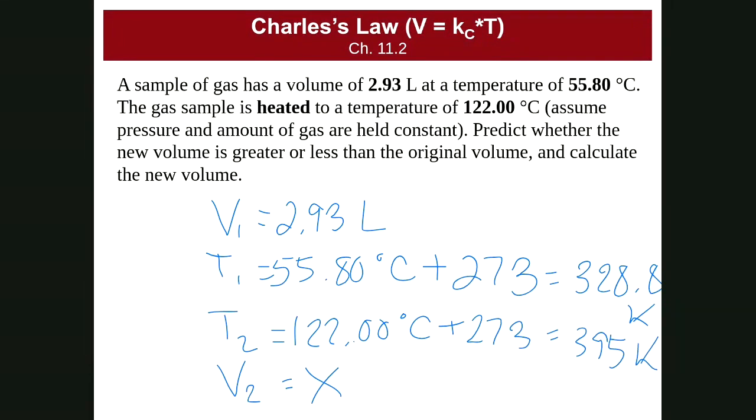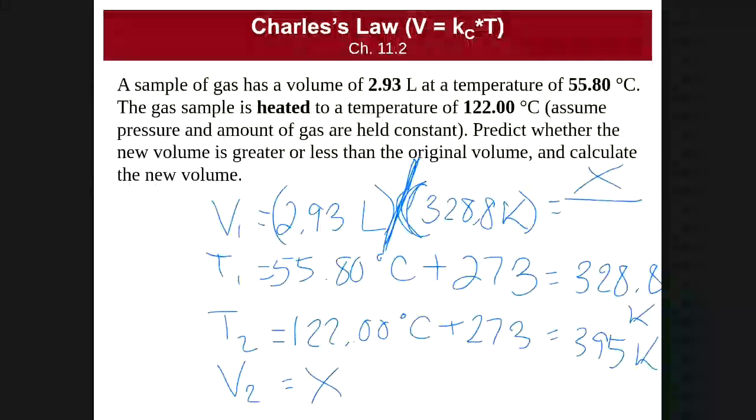All right, so now we have the numbers we need. So we're going to set this up as, I'm just going to use my V1 here, so 2.93 liters divided by T1, so divided by 328.8 Kelvin, is going to be equal to our X divided by our T2, which is 395 Kelvin.